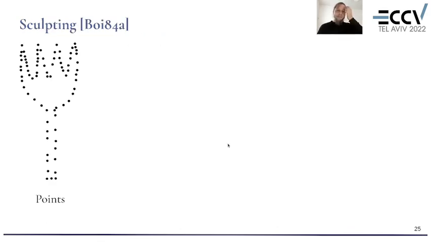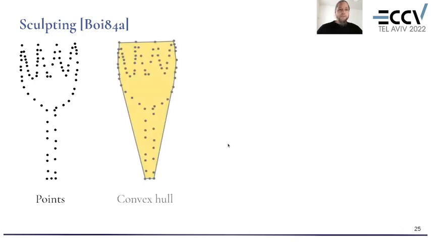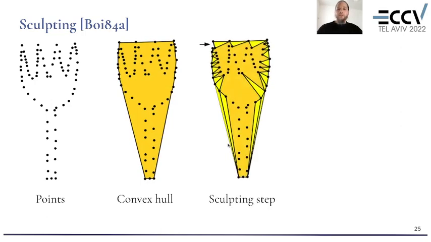Next is sculpting, which was proposed by Boissonnat in 1984. We have a point set, then we construct a convex hull and its Delaunay triangulation. The sculpting metaphor is that a sculptor can remove parts from a stone by picking at its outside. So what is shown here in light yellow are triangles which have an edge on the current boundary, which initially is the convex hull.